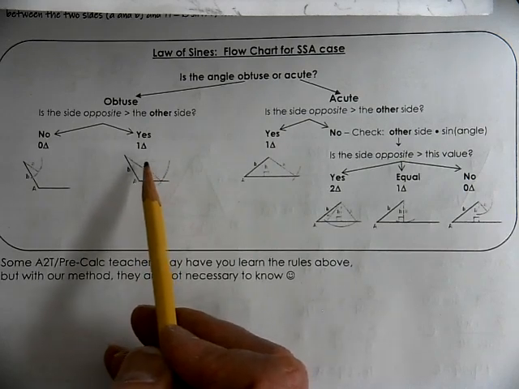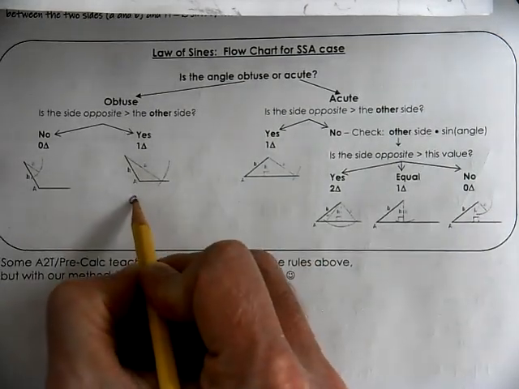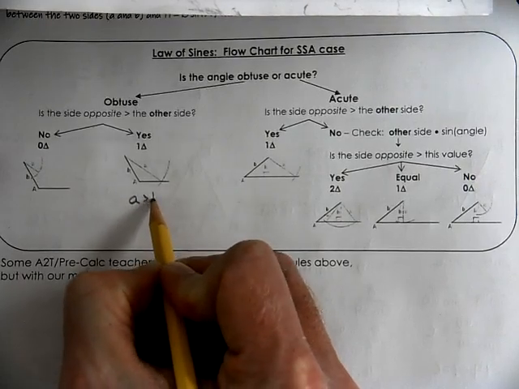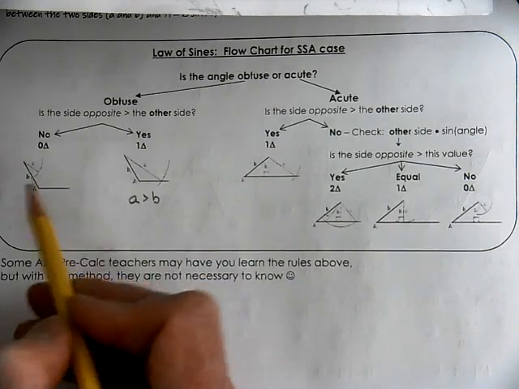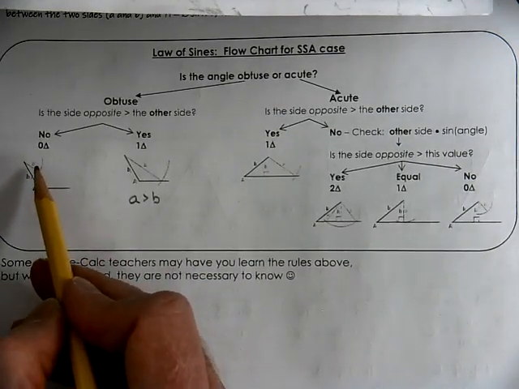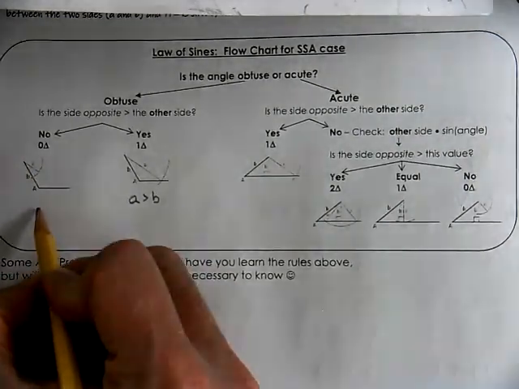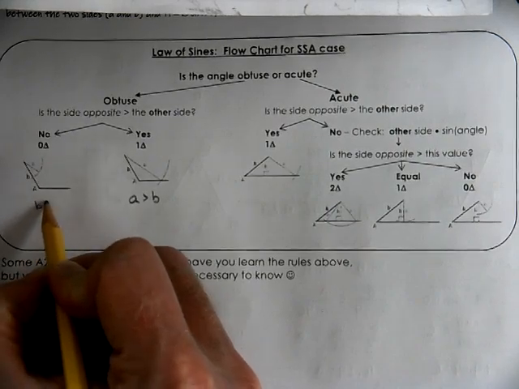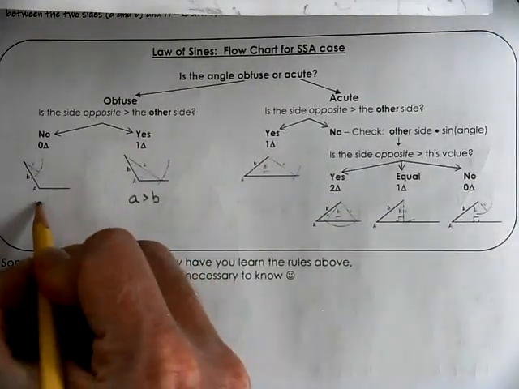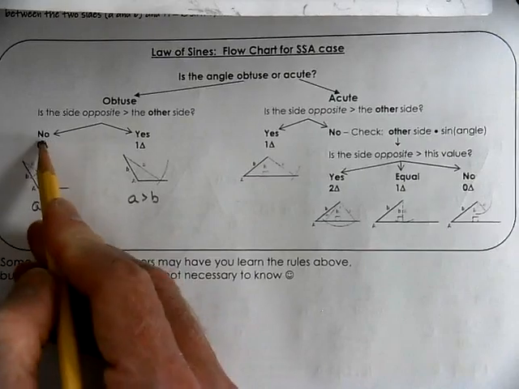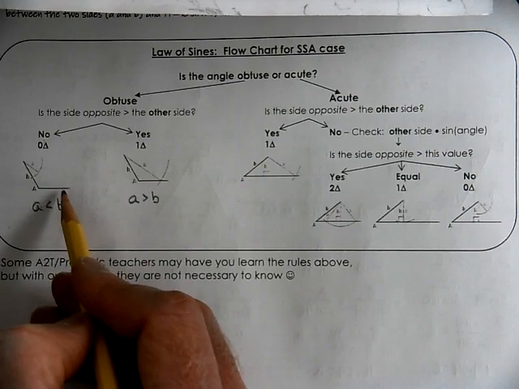Because the side opposite was larger than the side adjacent, A was greater than B, we had one triangle that was made. Notice here that if A is specifically less than B, then you're going to have no triangle formed because this A length is not long enough to reach the end.